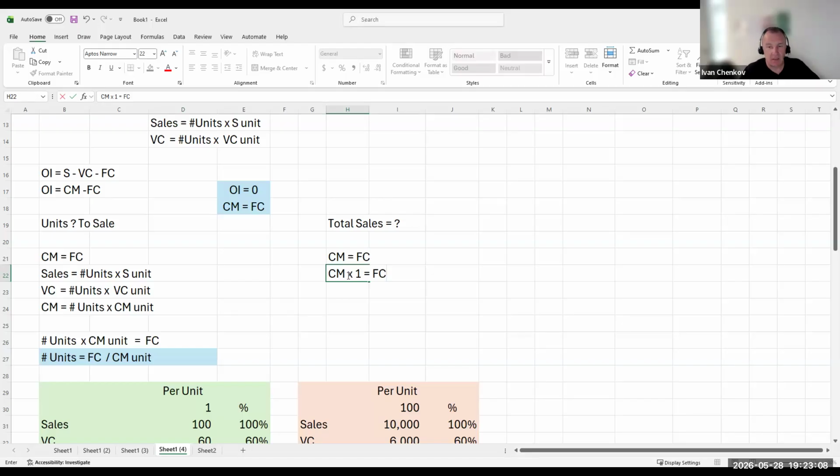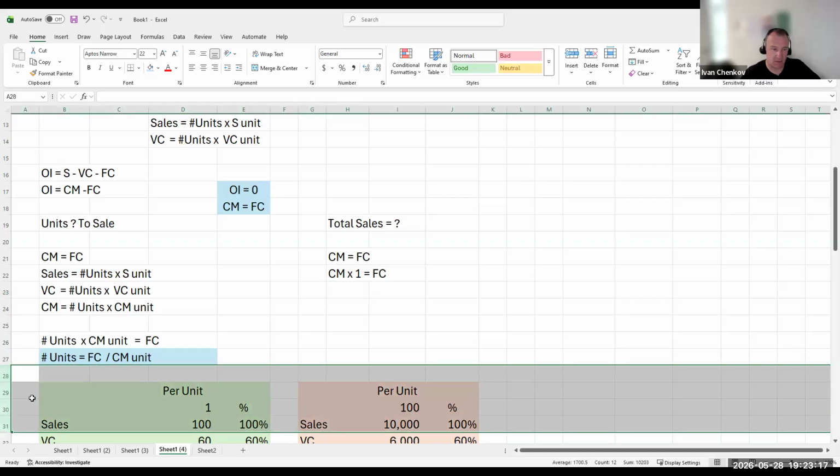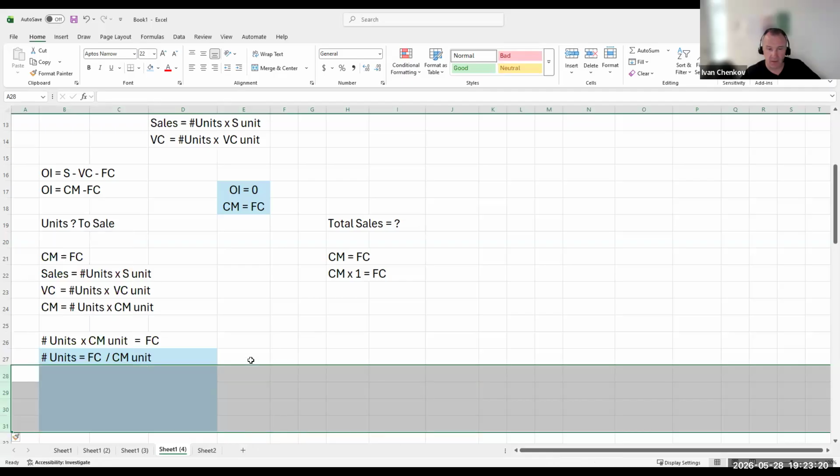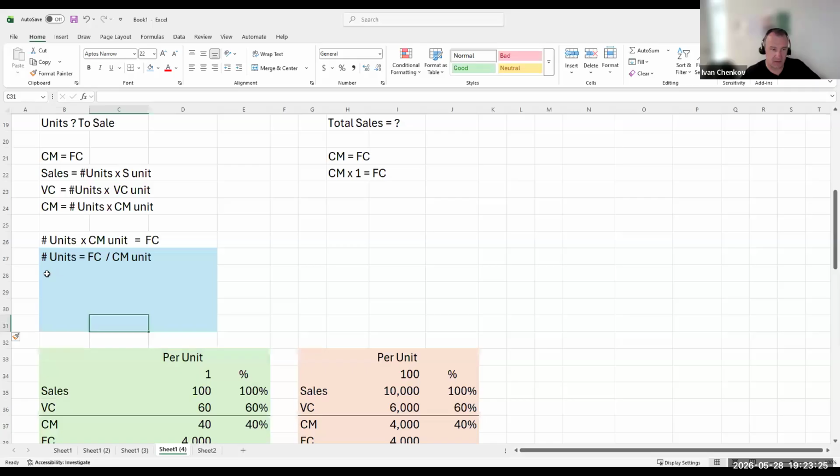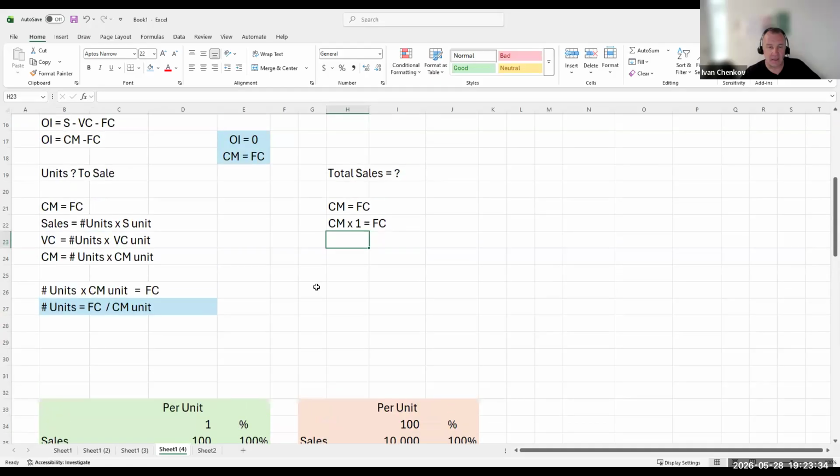We all agree that if I multiply by 1, that doesn't change the formula. It's important for me to agree on this. Everybody agree with this? Yes or no? Okay. Can I say then that 1 is equal to sales divided by sales?